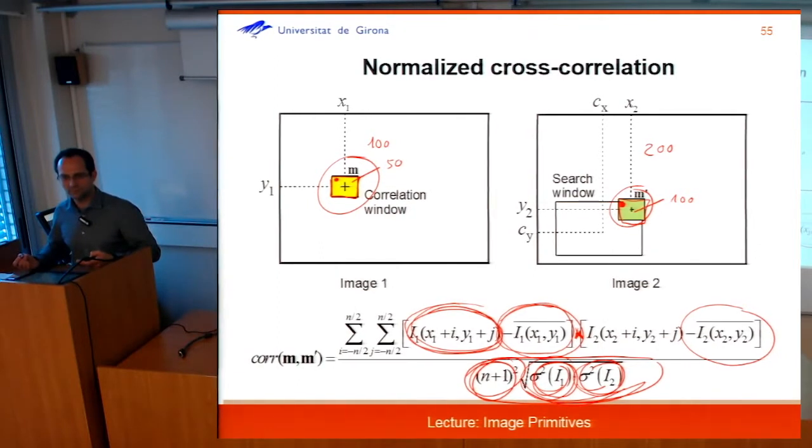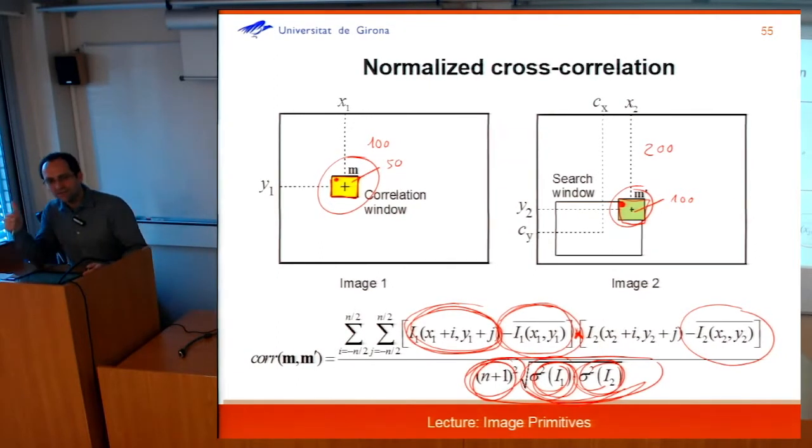So if I have an affine change in intensity, this is going to perform better than the sum of absolute differences or the sum of square differences. However, is it going to work if I have a rotation?